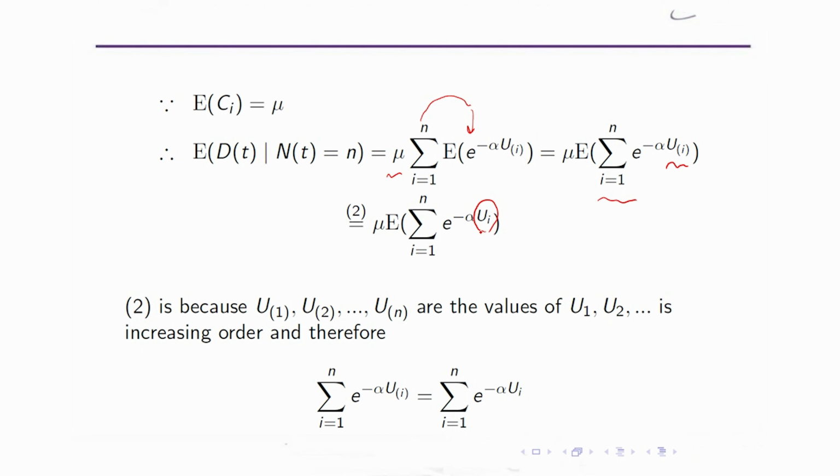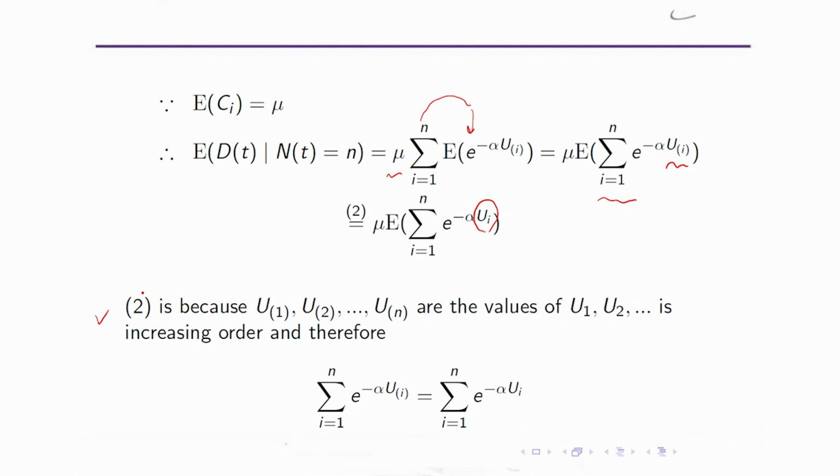Pay attention to this Ui: it is without brackets, so these are just uniform random variables without being ordered. But the summation of ordered statistics is the same as the summation of unordered random variables.